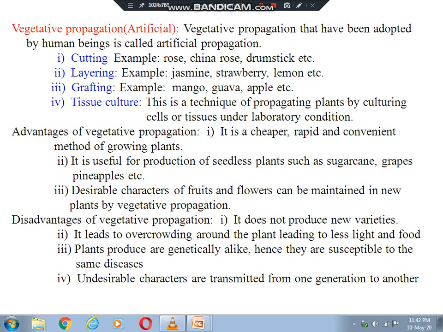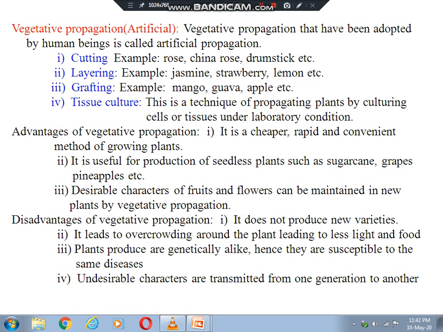And now you are having a lot of time, you are getting ample time, so you can try to grow some plants at your home, very common plants which are available at your home, by the method of vegetative propagation. For example, you can use the method of cutting. You can use tuber stem, tuber root to grow some plants.